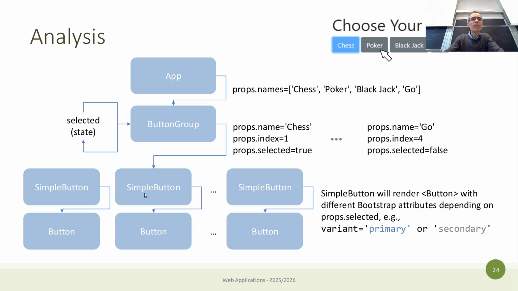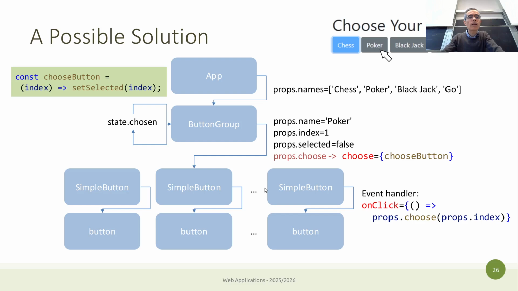The code inside the button decides if it is being selected or not, depending on the props it receives. But you can also pass another prop that contains a reference to a function, the function that will be called to update the state. And you can do it because you are in the component that has the state, so it has access to this set function that sets the state.